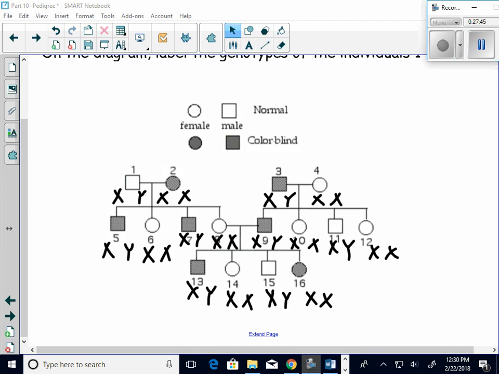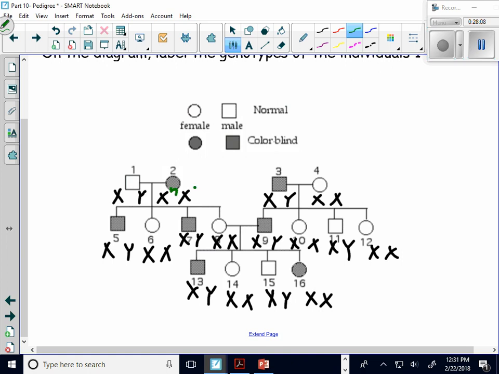Okay. I'm just going to use N's again here for normal and colorblind. So capital N is going to be normal. Lowercase n is going to be colorblind. I'm going to go through once again and start off labeling my colorblinds because I know that my colorblinds are little n's.